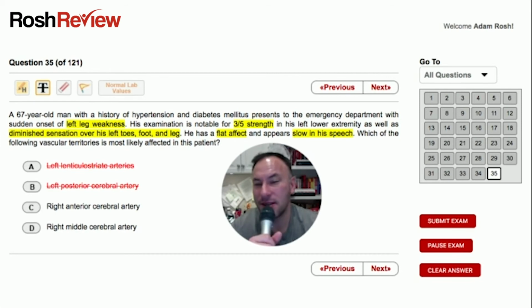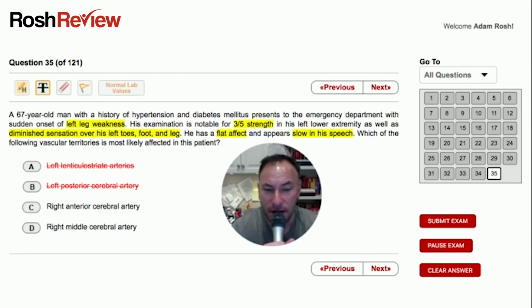So, how we distinguish between these two, specifically, let's say on an exam, is anytime we're dealing with the right middle cerebral artery on an exam, we will have contralateral findings of motor weakness, sensory loss, but almost always you'll be given some type of deficit in the face as well.